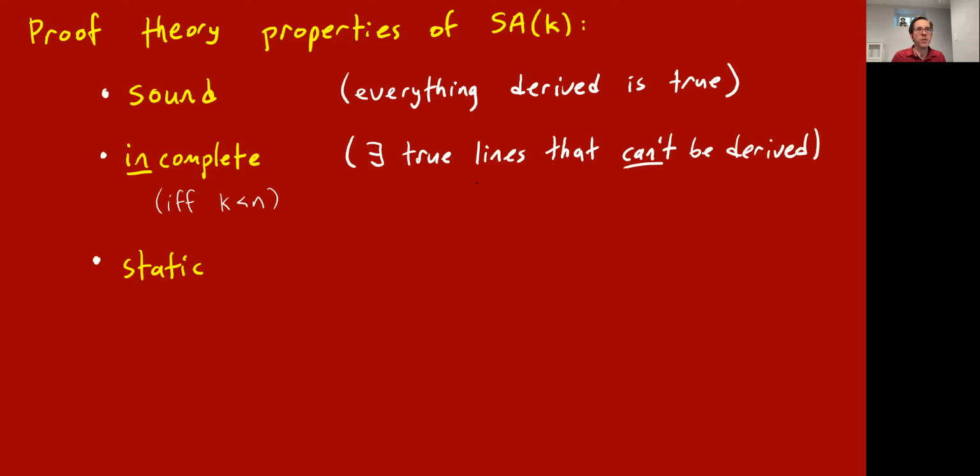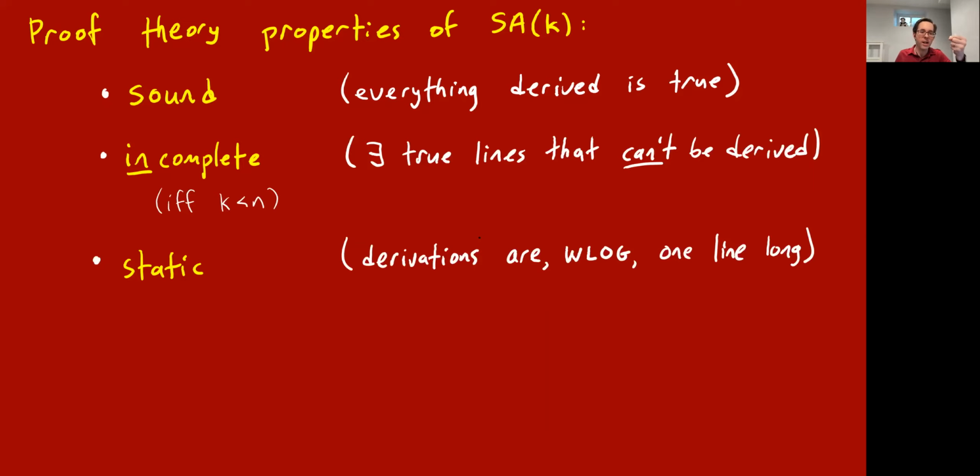Another property of this proof system is that it's called static. I won't get into this very much, but static basically means that the derivations are, without loss of generality, 1 line long. So this is a little bit weird. It's more natural to have what's called a dynamic proof system, where you make your derivations gradually. You derive some lines, you derive some more lines, and finally you derive your conclusion.